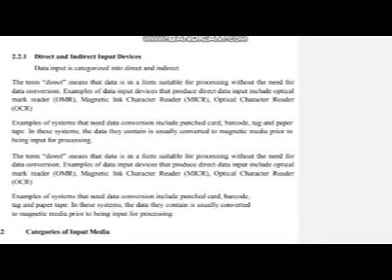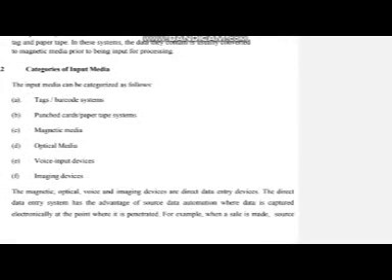So, categories of input media. The input media can be categorized as follows. A, your tags or barcode. When you go to a supermarket, you buy a product in a pack. Check the back or bottom of the product. You will see a series of lines with some numbers. Usually in a big supermarket, like ShopRite, there's a scanner that automatically reads the information through that barcode.